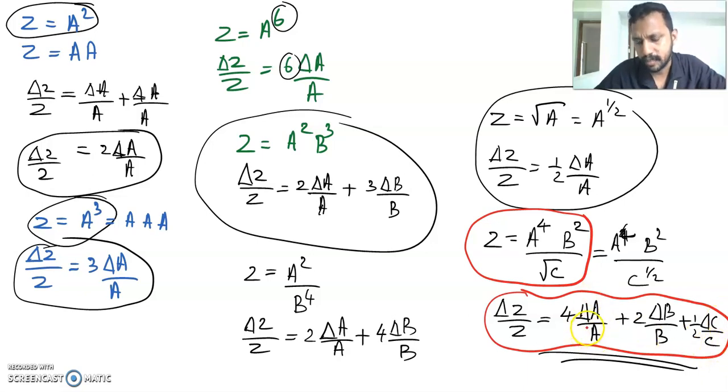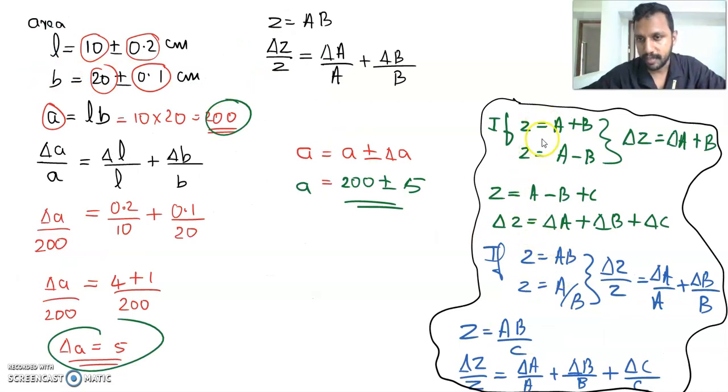Delta A by A is the relative error of A. Therefore, 4 times relative error of A plus 2 times relative error of B plus half times relative error of C. Okay, these are the formulas that we have to learn in case of relative error, absolute error, percentage error and all.